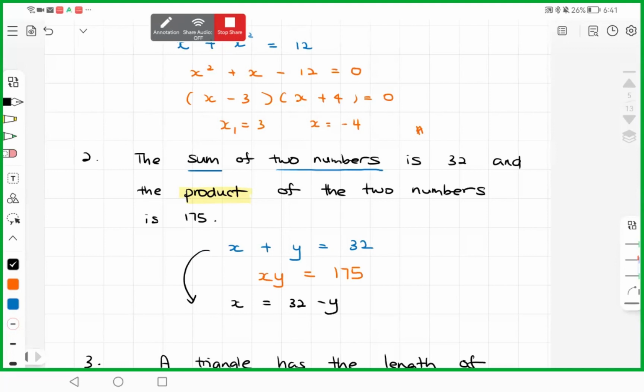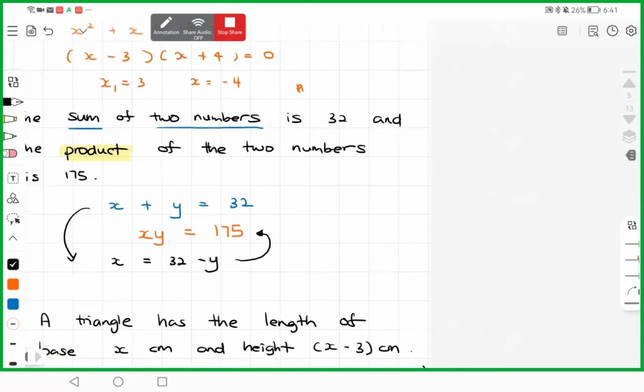x equal to 32 minus y. And then we substitute back into this equation. You learned this in Form 1, the simultaneous linear equation. So you substitute back. So x now becomes 32 minus y.